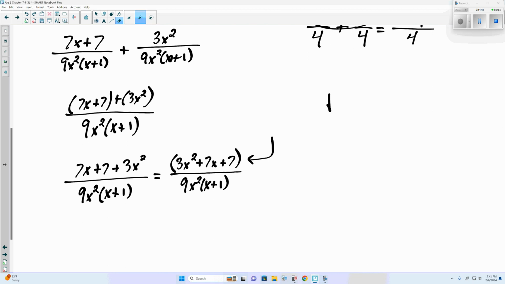Now if we want to check and make sure, it is a quadratic. I think y'all remember our square root of b squared minus 4ac, yes? The only purpose for this here is just to see if it factors. Our b in this case is 7, our a is 3, and our c is 7.